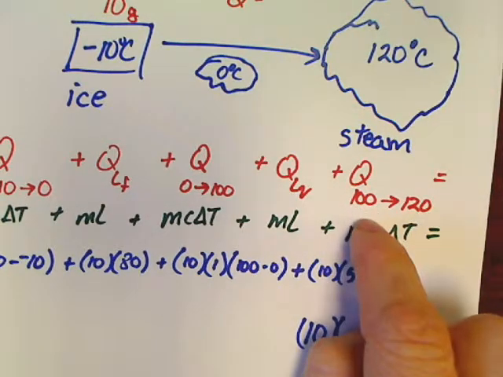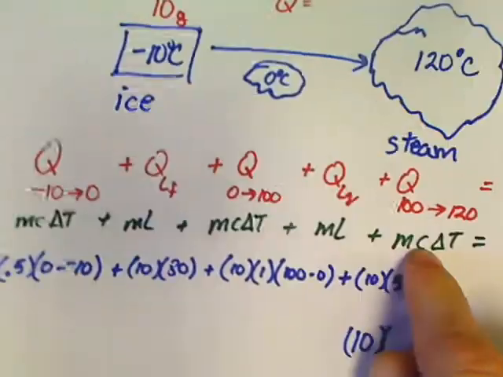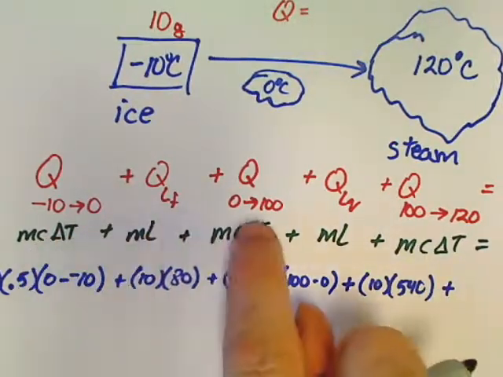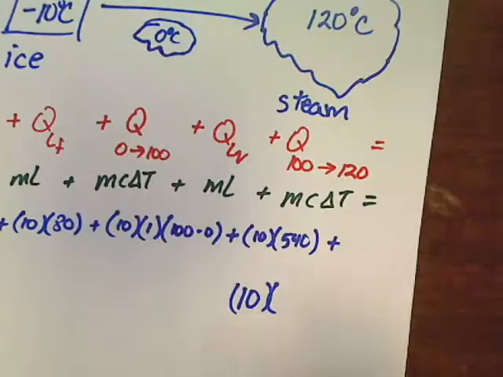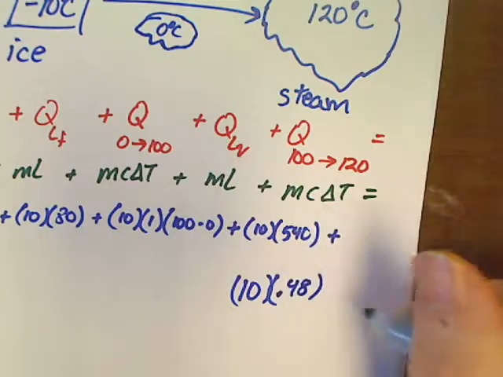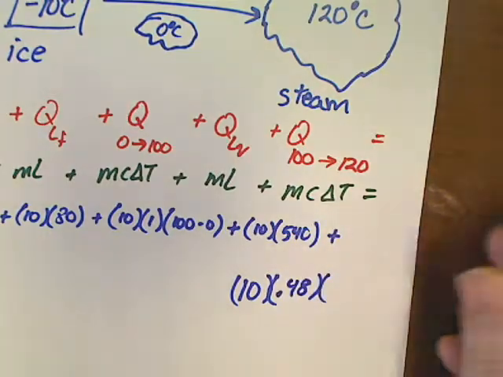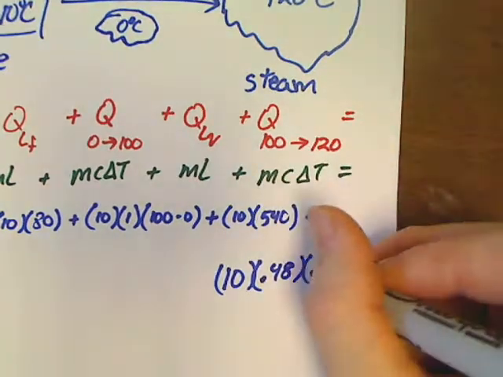C for steam, just like C for ice and C for water, are not the same. I think C for steam is 0.45. Let me double check. Oh my goodness, I'm wrong. It is 0.48. Pardon me. 0.48 times delta T, which means final minus initial.